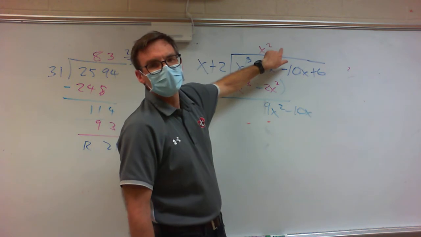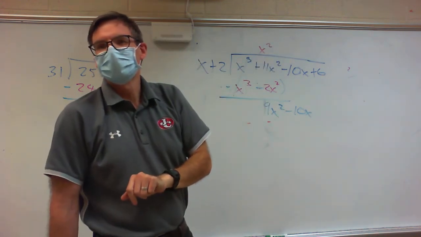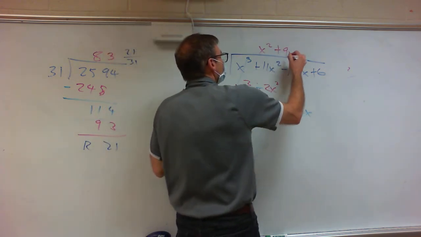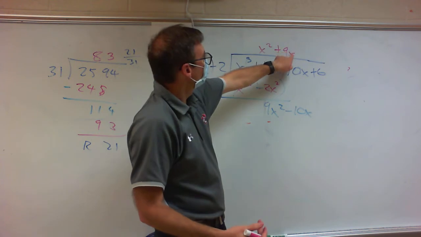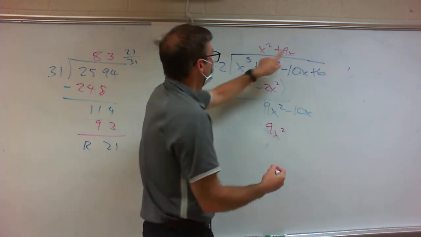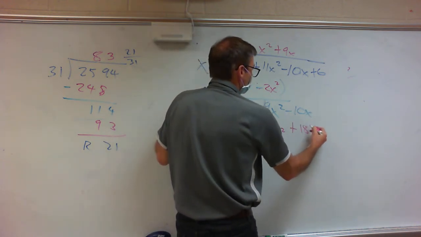So what's going to go here so that this times this exactly equals 9x squared? 9x. So I'm going to put a plus 9x, and now we start. This times this gives me 9x squared. This times this gives me a plus 18x, right?